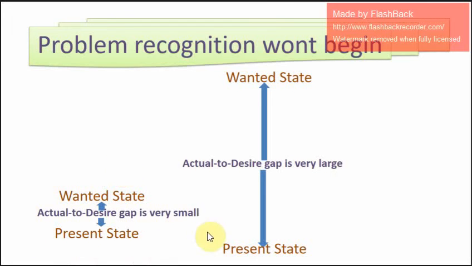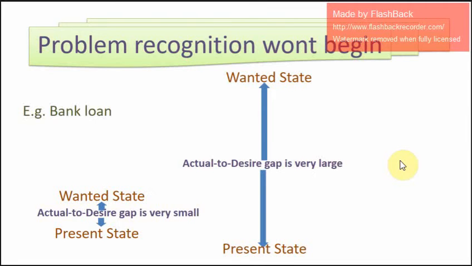This is what we were discussing: if the gap between the present and wanted state is too small, then problem recognition will not initiate. Similarly, if the actual to desire gap is very large, even then problem recognition will not happen. Let us understand this with an example of a bank loan.